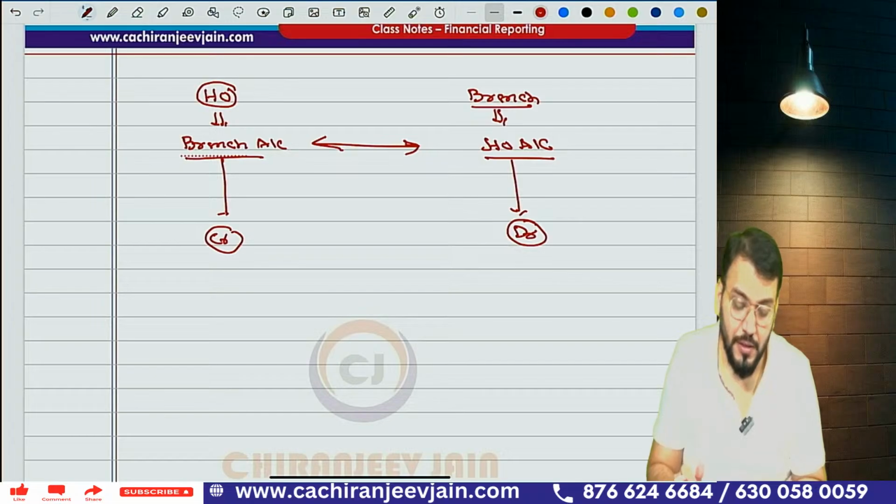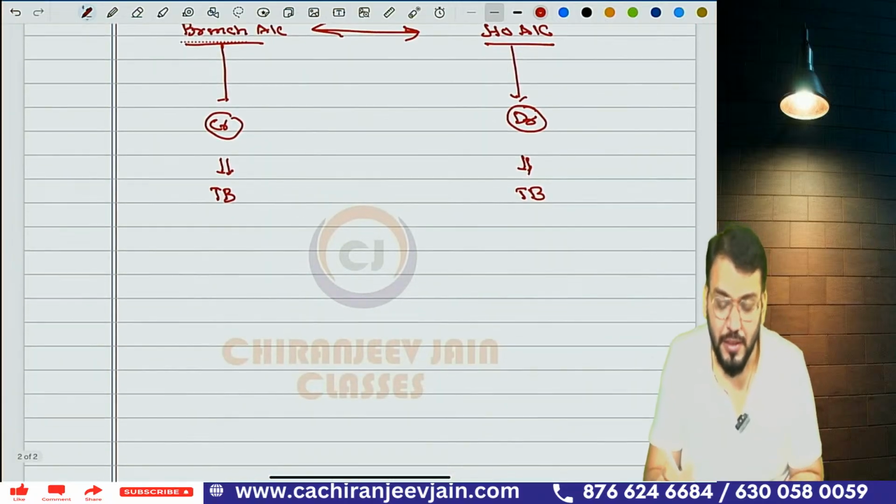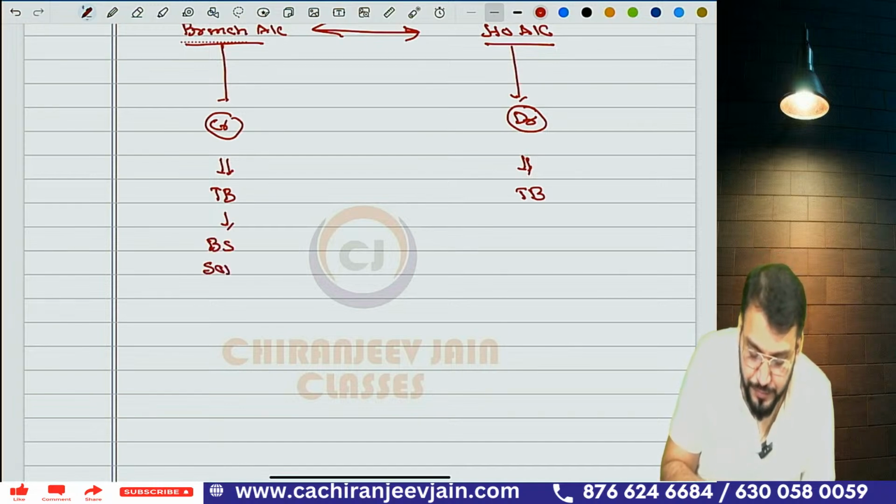Yes, sir. Correct. Now, head office will prepare their own trial balance, and branch will prepare their own trial balance. From this trial balance, they will prepare their own balance sheet and SOPL.